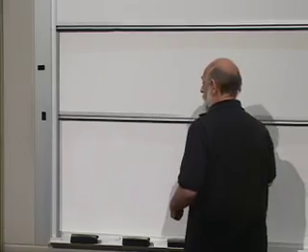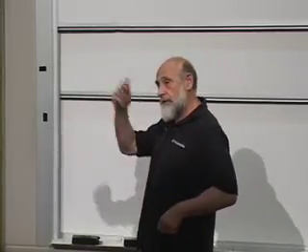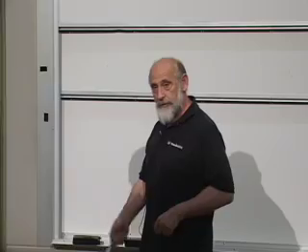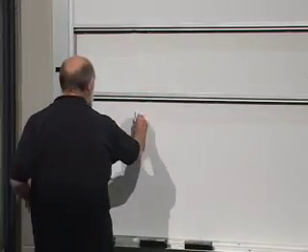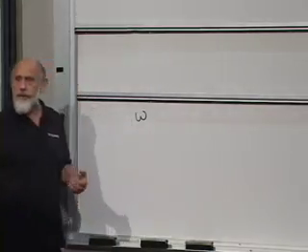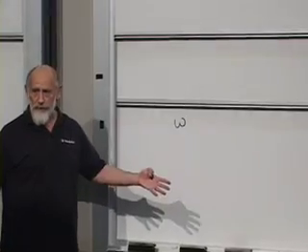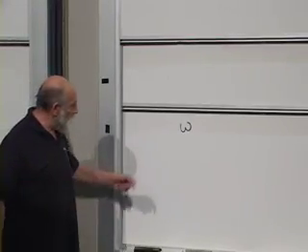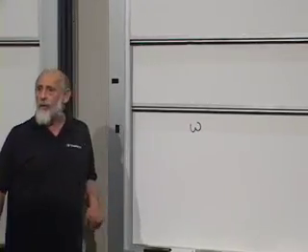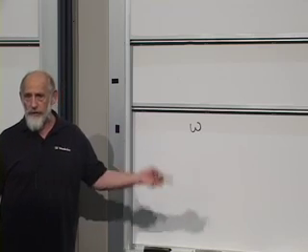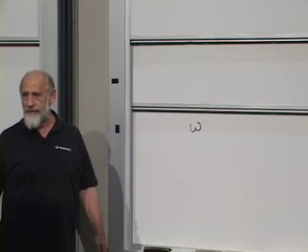If I know the angular frequency of going around in an orbit, that's called omega. It's basically just the inverse period, the number of cycles per second. What is the acceleration of a thing moving in a circular orbit? Anybody remember?